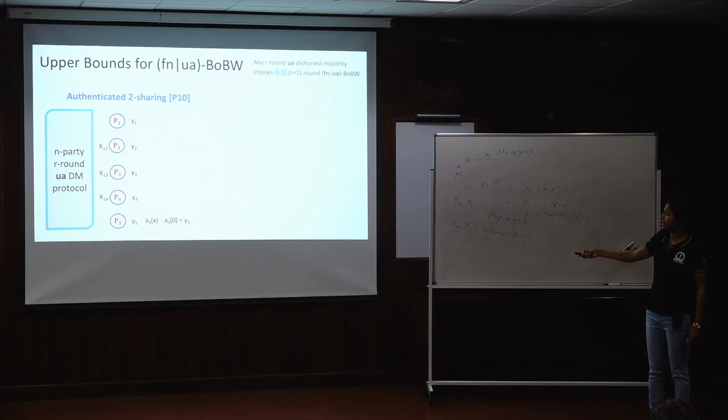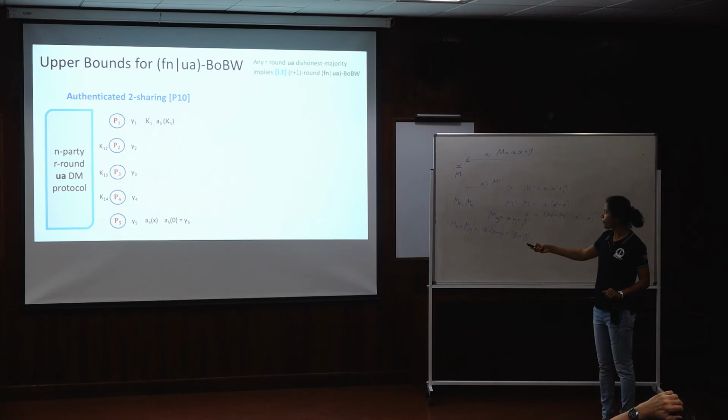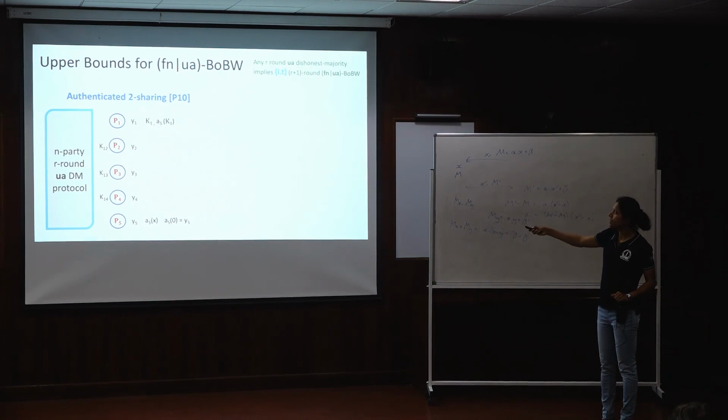So, the MAC is nothing but a polynomial of degree t, where the constant term of that polynomial is the value for which you want to prepare the MAC, and the key is nothing but a random value from a field, and again this field needs to be larger so that our error probability is negligible, and the evaluation of this polynomial, the MAC polynomial, at that secret point.